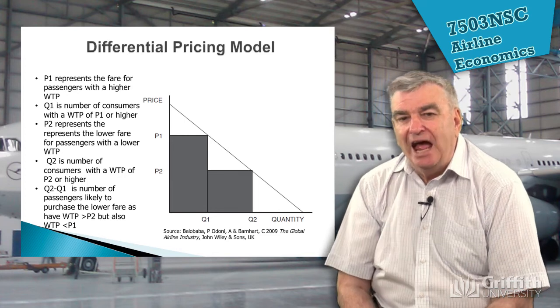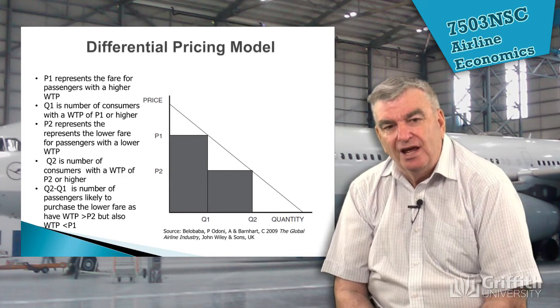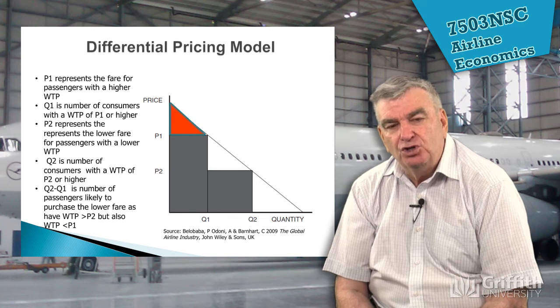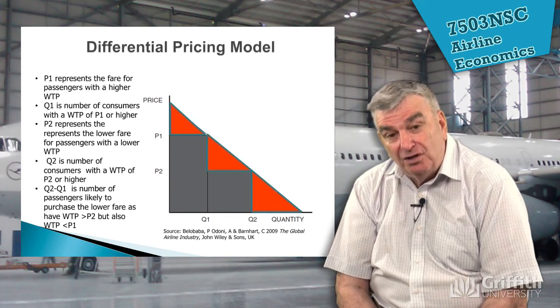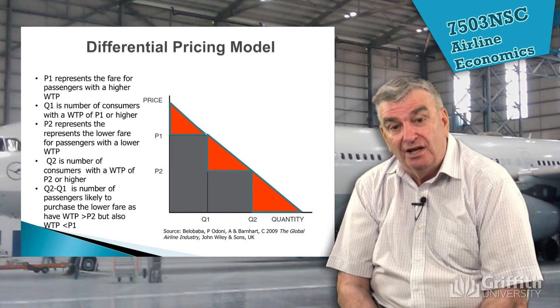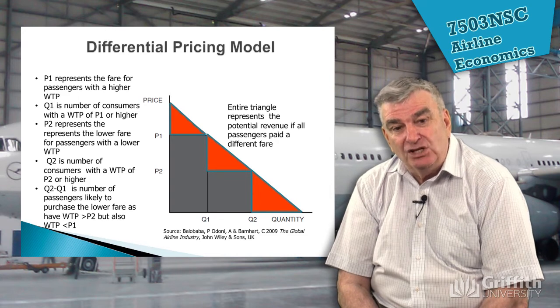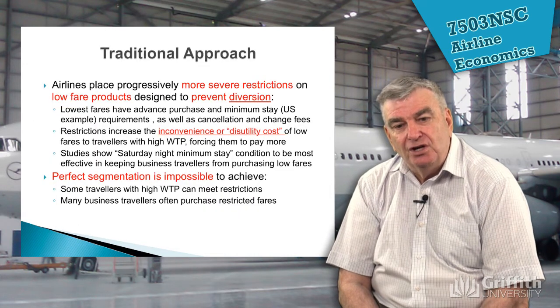The question is, how do they actually decide how many seats will be offered at the cheapest price, then how many seats at the next price? And we'll be looking in the course at how that can actually be calculated and what the effect is, so that we virtually exploit that price difference to the maximum that we can.